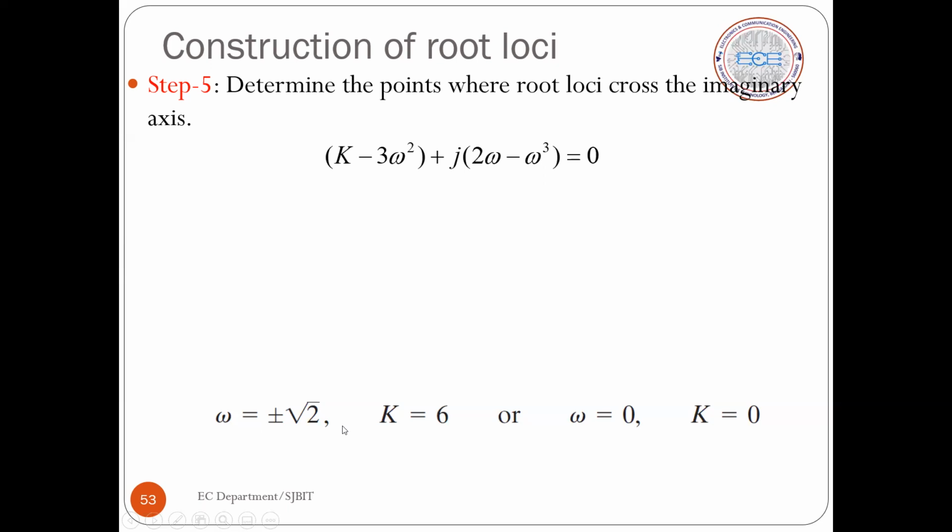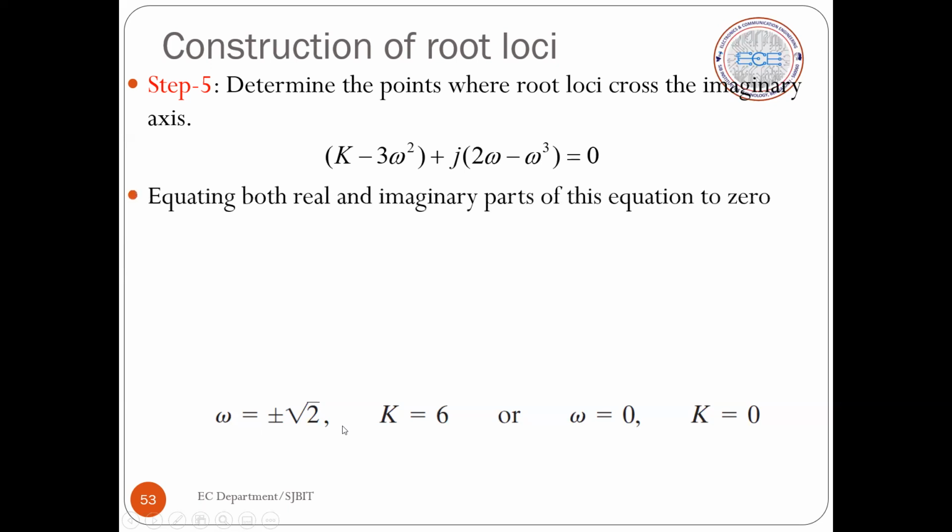Equating both real and imaginary parts of this equation to 0, you will get 2 omega minus omega cube is equal to 0, which yields omega is equal to plus or minus root 2. Again, k minus 3 omega square is equal to 0. And here substitute omega as root 2, then you will get k is equal to 6. The other value we have is omega equals 0 and k is equal to 0.